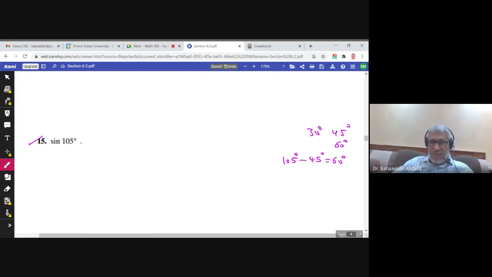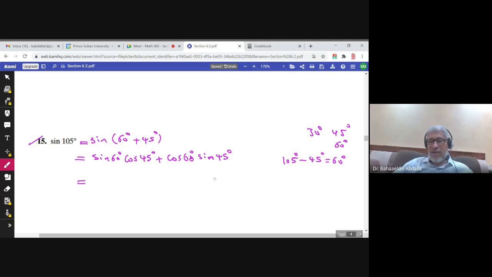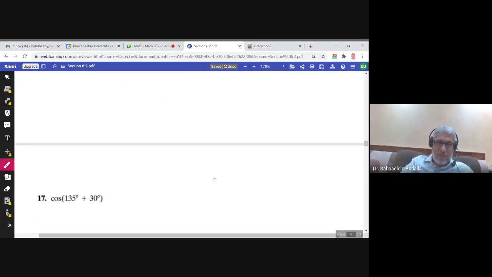Then you understand that I can write 105 as 60 plus 45. And once you can write it like this, you can use the formula and find the answer. So what is the formula? Sine the first angle, cosine the second angle, plus cosine the first angle, sine the second angle. And you put the values and continue the question.